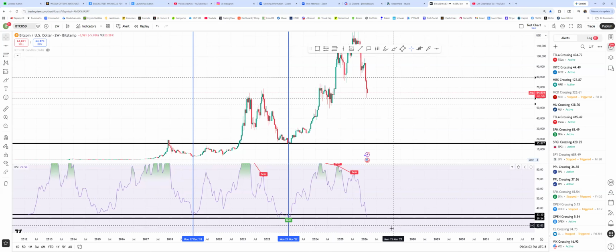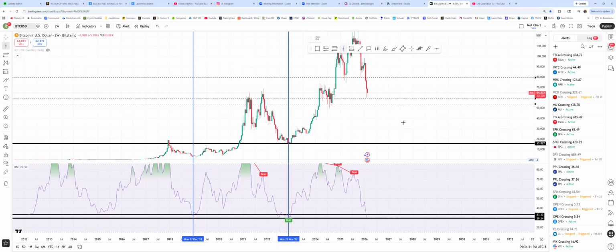Bitcoin has about 1,075 days from the bottom to the top, and about 370 days from the top to the bottom.